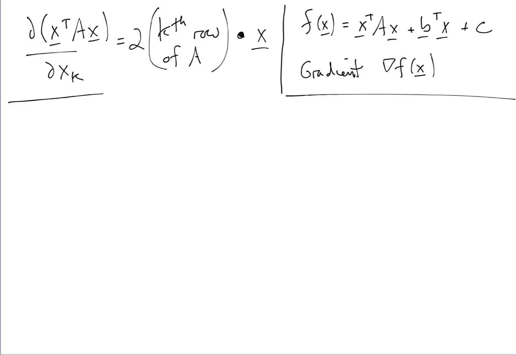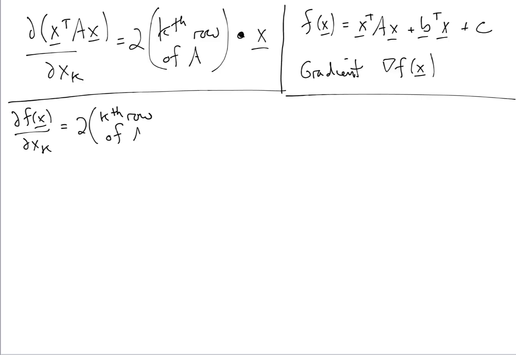Here, we have found that the partial derivative of f of x with respect to xk is, first we have the contribution from this quadratic form, which we just saw was twice that kth row of A dot product the vector x. We saw earlier that we'll get the kth entry of b, bk. So this is our partial derivative with respect to xk.